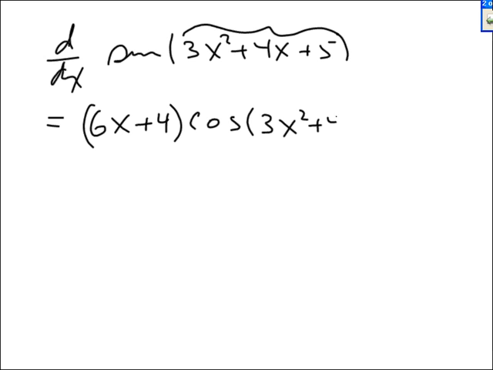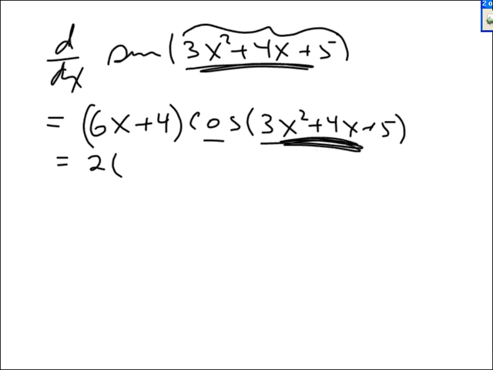The angle should not change. You take cosine of angle. This angle should be the same as the beginning angle. There's the answer. Maybe we can factor out a 2 from the 6x plus 4, and you would get this.